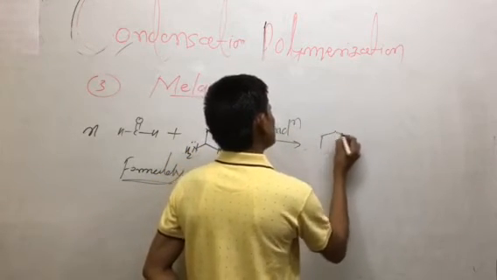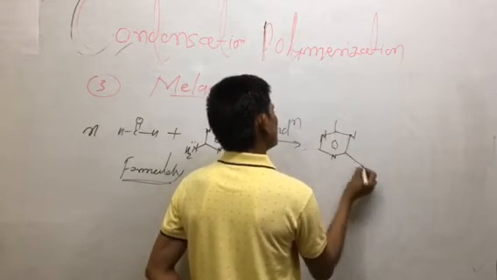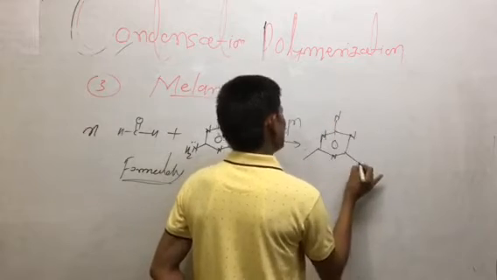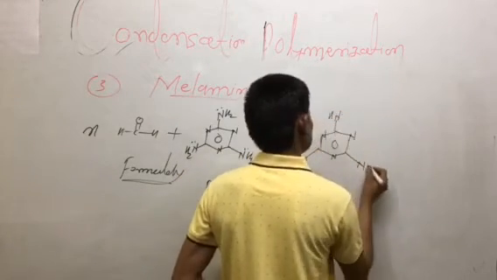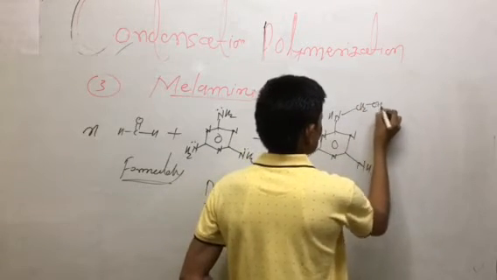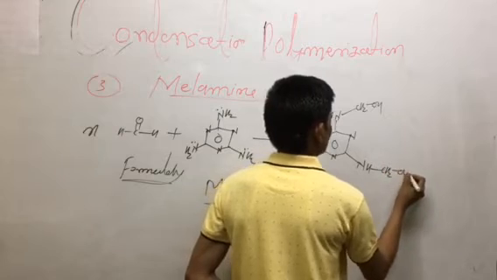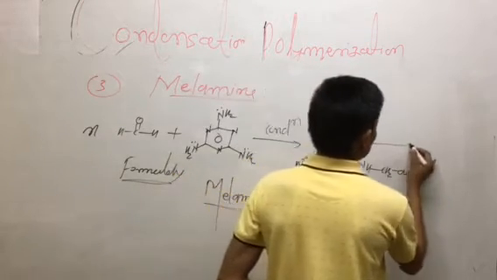So what happened? This symmetrical type of compound is as it is. Here nitrogen, here nitrogen, here nitrogen. So this one is NH, this one is NH, this one is NH. Here CH2OH, here CH2OH, here CH2OH. So this type of intermediate is obtained.